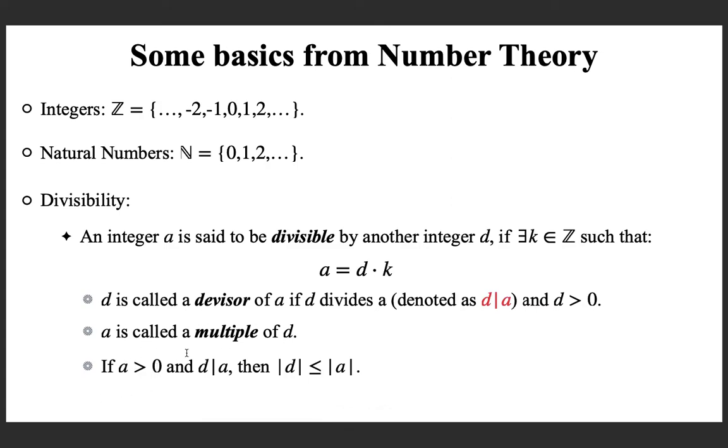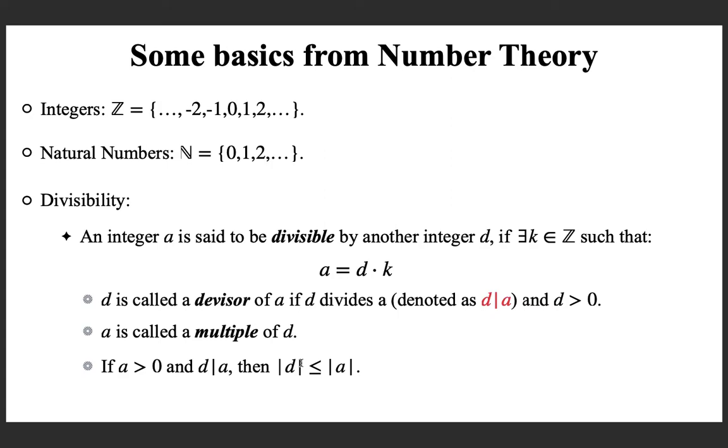If a is greater than 0 and d divides a, then it is easy to see that the absolute value of d, that is the positive value, is less than or equal to the absolute value of a. When I say absolute value, I mean the value without looking at the sign.